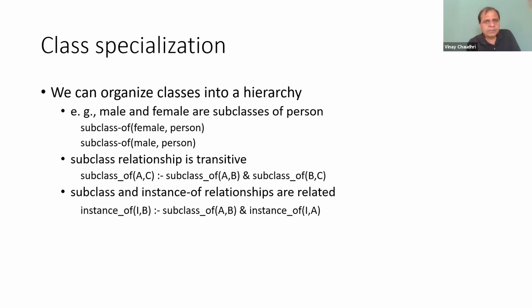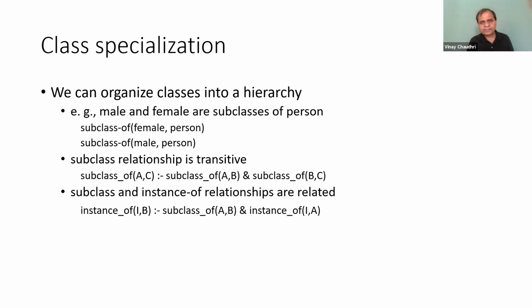Okay, so given this kind of very simple example, we can organize our knowledge into a hierarchy. So we can make assertions such as female is a subclass of person, male is a subclass of person. When we have these subclass relationships in our knowledge graph, the first very simple inference that we can do is the transitivity inference.